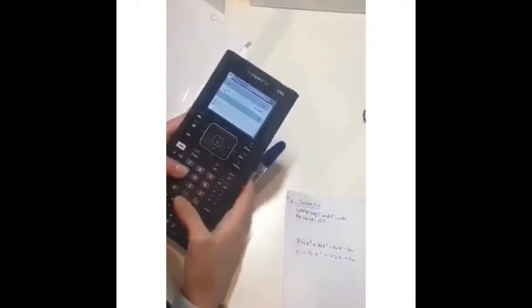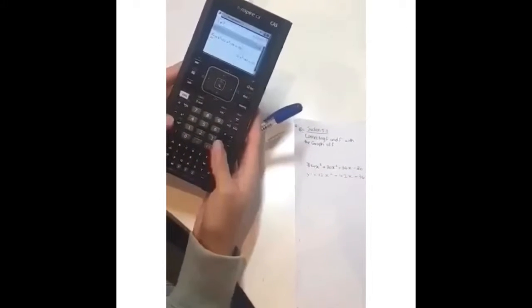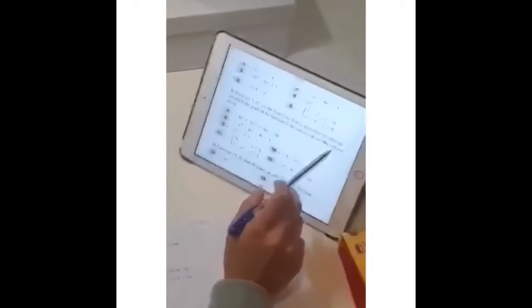We'll plug in the numbers: 4x to the power of 3 plus 21x squared plus 36x minus 20. Check it, it's correct.